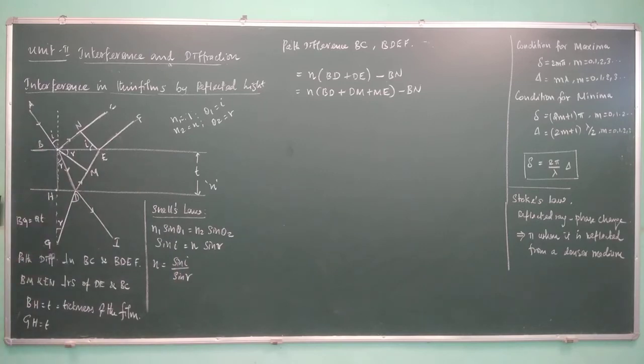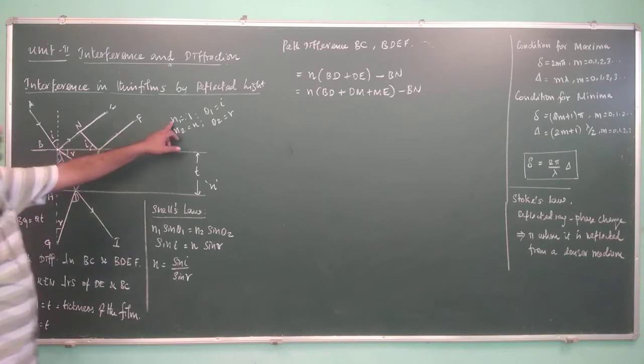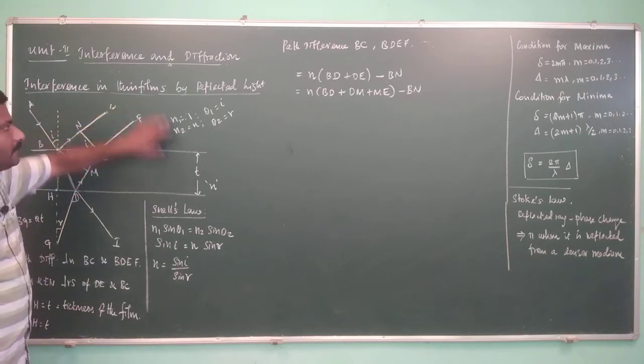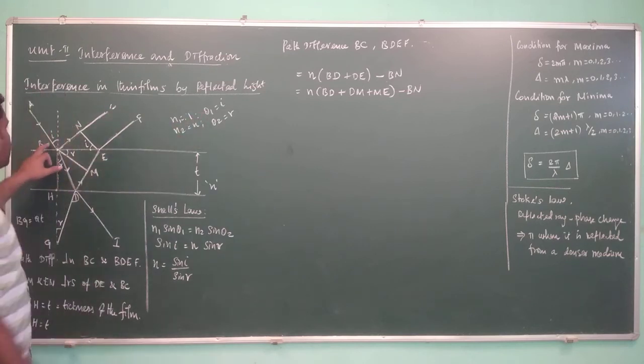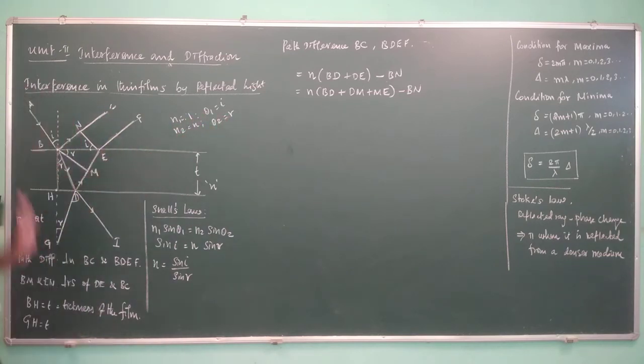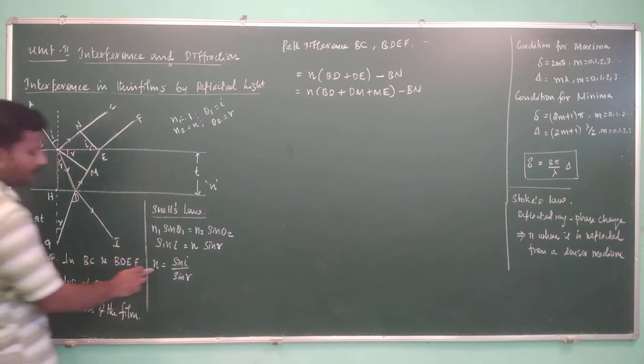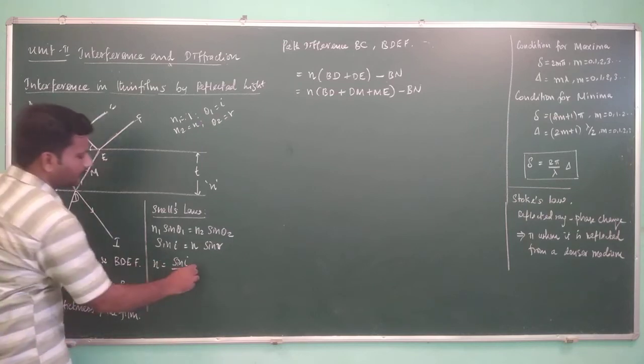From Snell's law, n1 is the refractive index of the first medium, n2 is the refractive index of the thin film, theta 1 is the angle of incidence, theta 2 is the angle of refraction. If you substitute, you will get n equal to sin i by sin r.